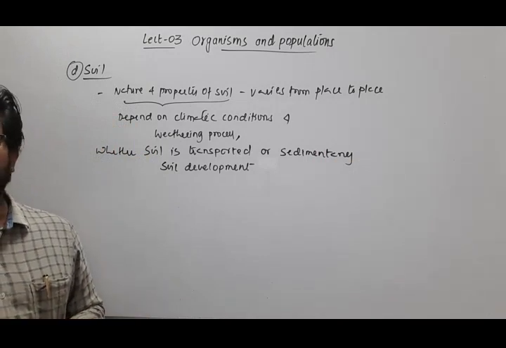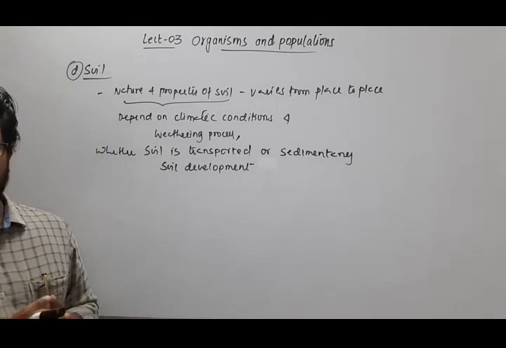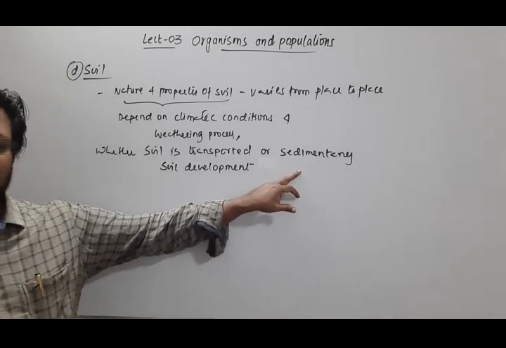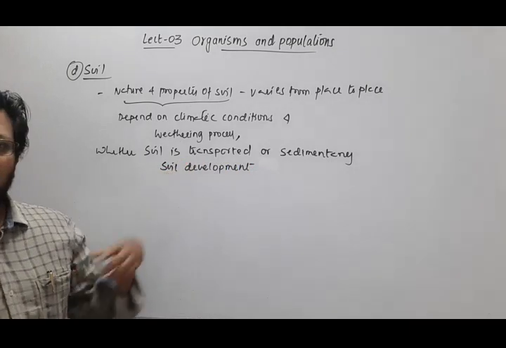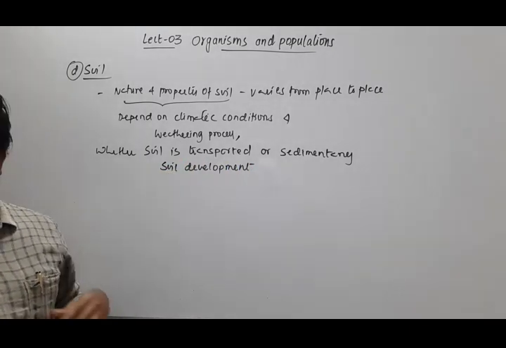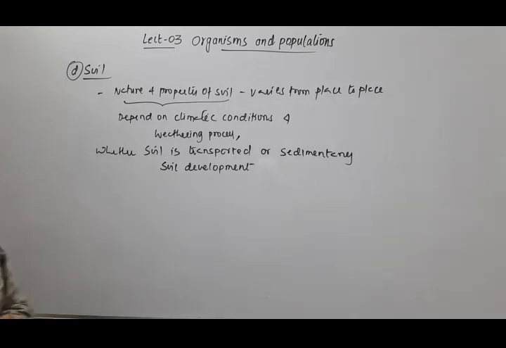It is not going to move to some other place. So whether that soil is sedimentary or transported to some other point, or the type of development in the soil, all of them act on the nature and property of the soil.